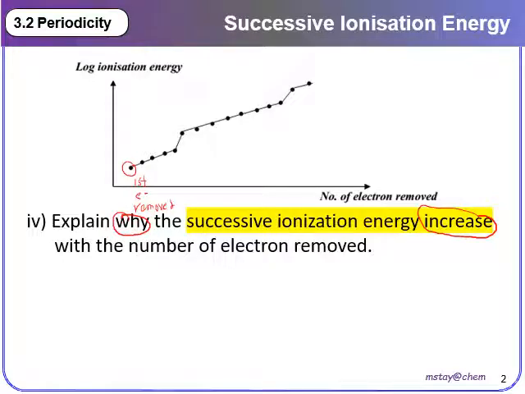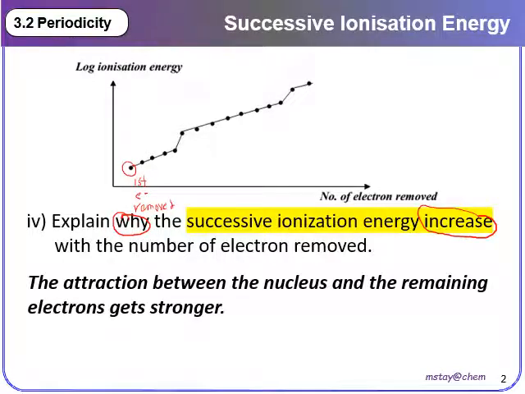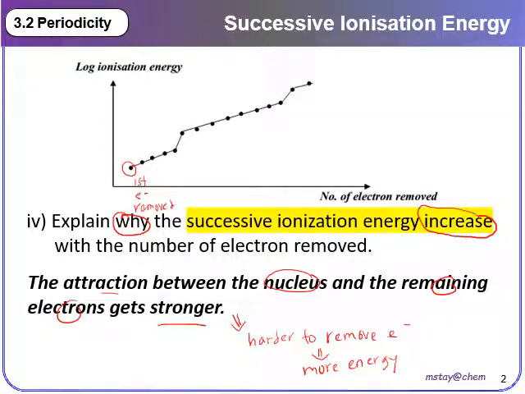This is the most simple answer: the attraction between the nucleus and the remaining electrons becomes stronger. Once the attraction is stronger, it is harder to remove an electron. If it is harder to remove an electron, we need more energy to remove it, and at the same time the ionization energy will increase.